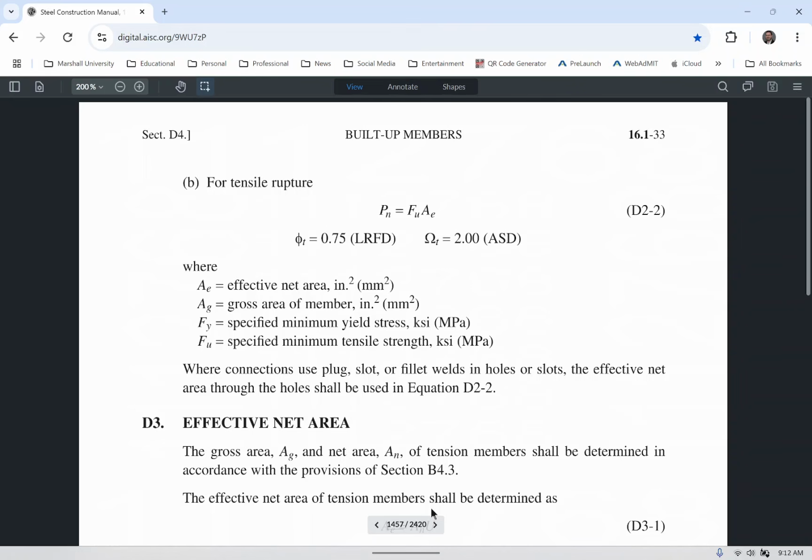Okay? What about net section fracture or net section rupture? And by the way, I'll use the terms net section fracture and net section rupture probably interchangeably. What this is saying is that we are going to take the ultimate tensile stress and multiply it times this term Ae. What is Ae? Ae is the effective net area. How do we calculate the effective net area?